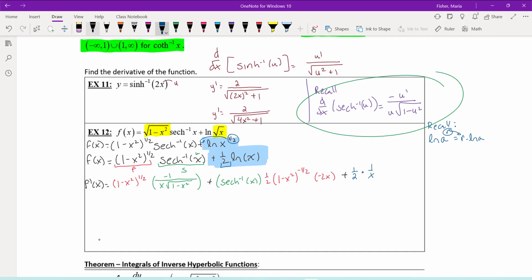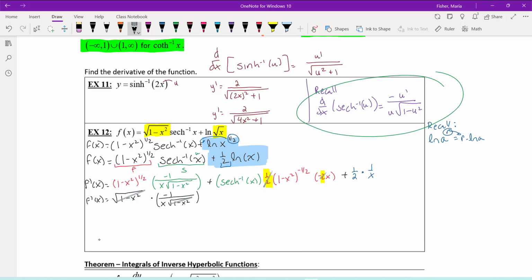Cleaning this up, we'd have f prime of x is equal to, this can be rewritten as the square root of 1 minus x squared times negative 1 over x times the square root of 1 minus x squared. So we know that these square roots are going to cancel. Here we notice that we have a 1/2 and a 2, so those are also going to cancel.